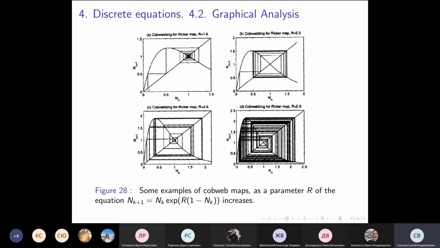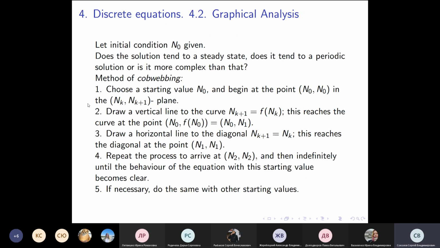Let n0 be 0.1, 0.1. Next, on the first step, we draw a vertical line to the curve n_{k+1} = f of n_k. And when our vertical line reaches the curve, this is our point n1.